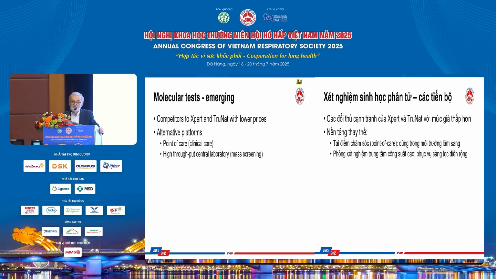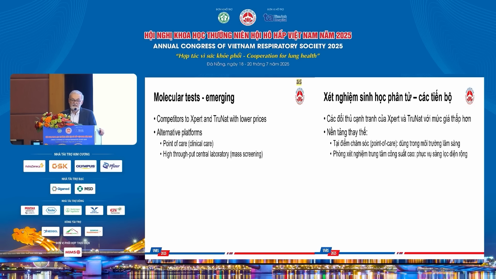There are also alternative platforms being developed which have different uses. And by platforms, I mean how you actually do the testing. There are increasingly now platforms that allow point-of-care testing. That means a test you can have in the commune health post, in the clinic, in the place where the patient is coming to be tested. And you can test them at that point.